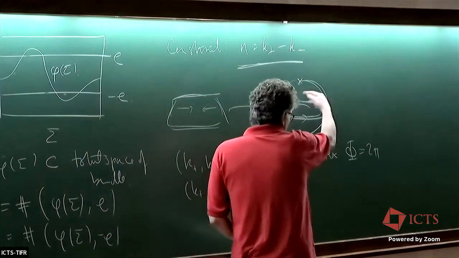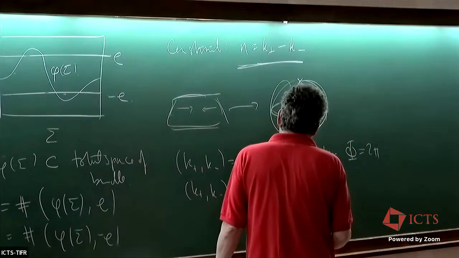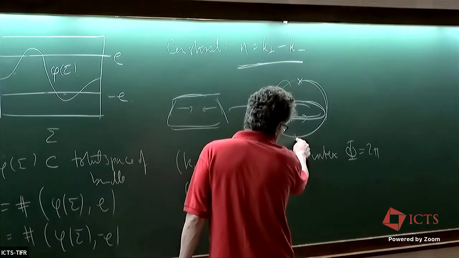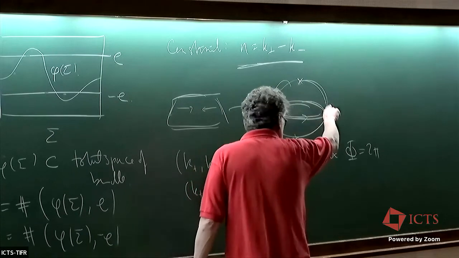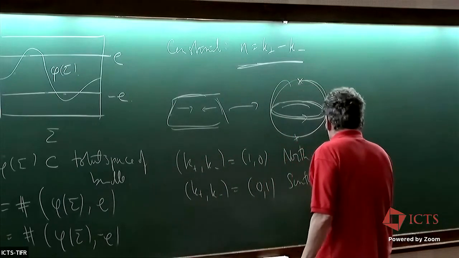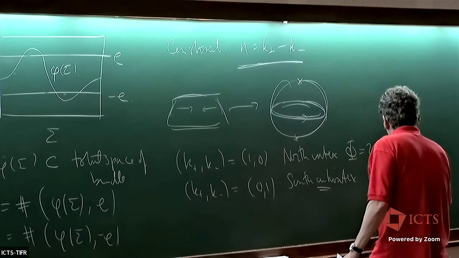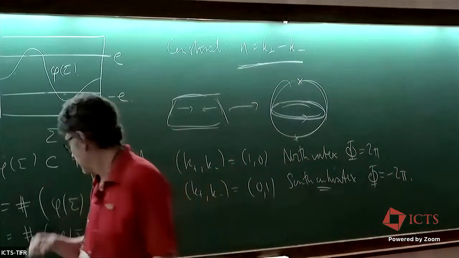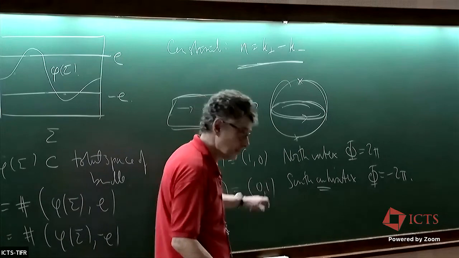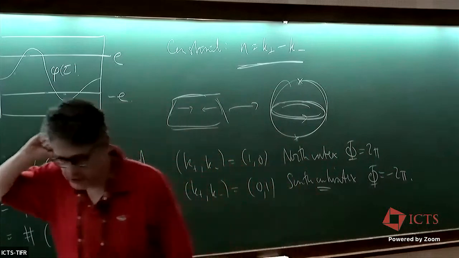And if you intersect the South Pole with positive orientation, that actually means you're winding the opposite way around this equator. So that's a south anti-vortex, whose magnetic flux is minus 2 pi. Okay, so a south vortex would have this intersection number being minus. So there are two types of vortex and two different types of anti-vortex in this system.